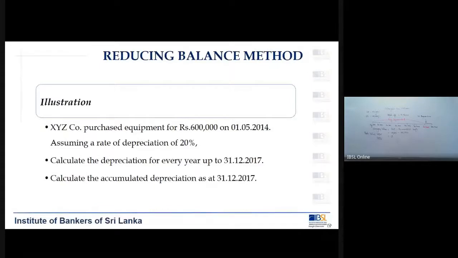Just go through the question. So what does it say? The reducing balance method.